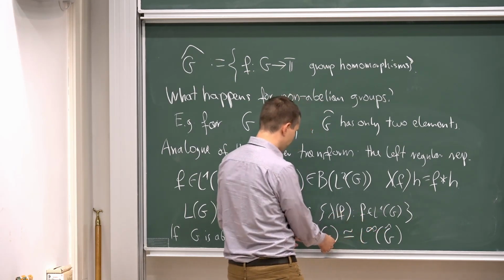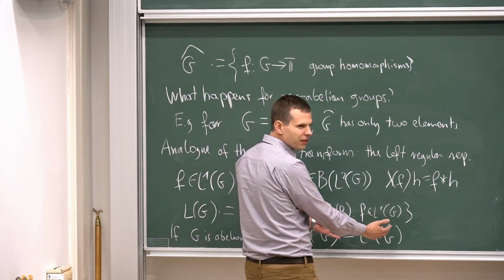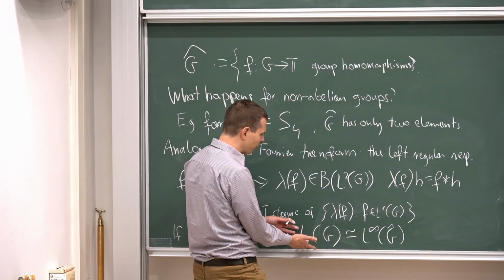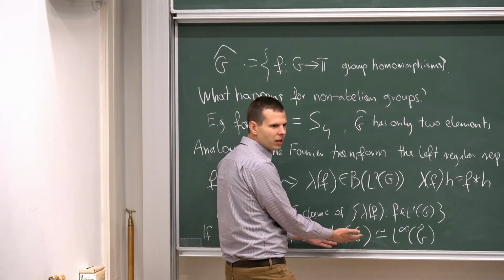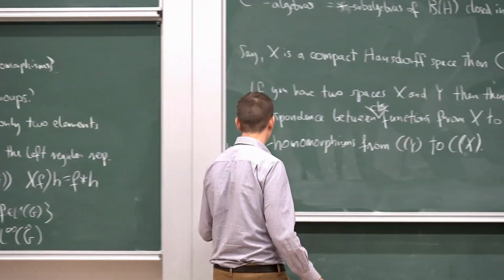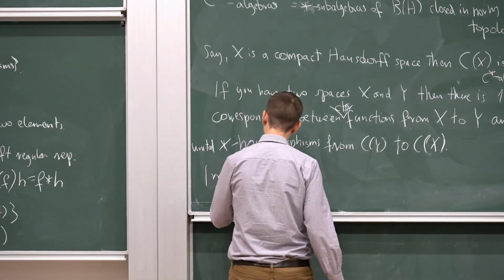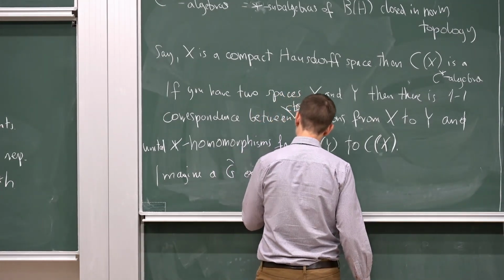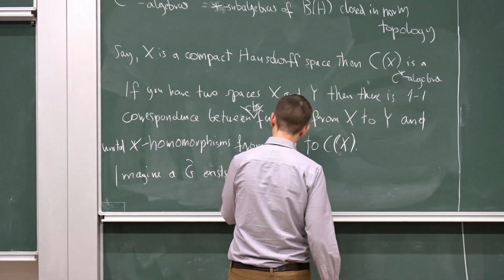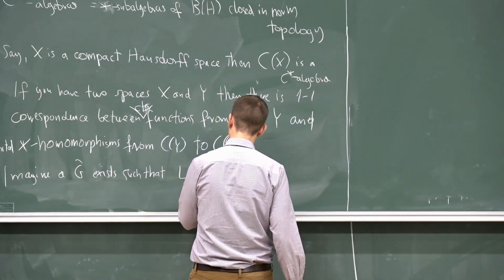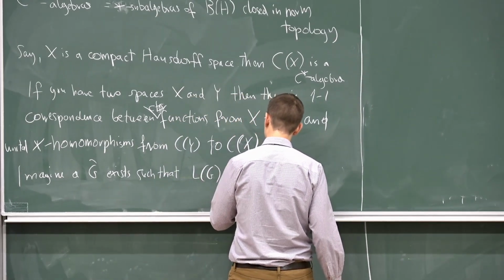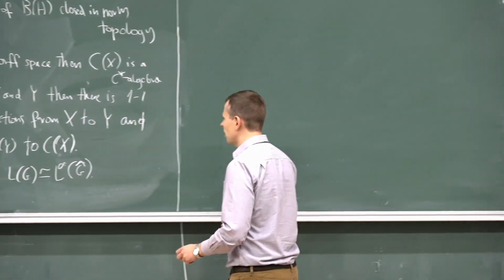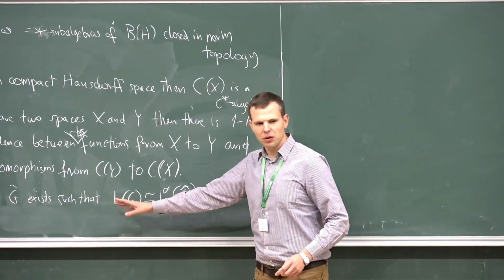So basically, if there is a dual object G hat, we should be able to identify it using this algebra L of G. Now imagine a G hat exists such that we have this isomorphism, that is really C-zero of infinity of some G hat, and then we would like to put some sort of group structure on this object L of G, right?